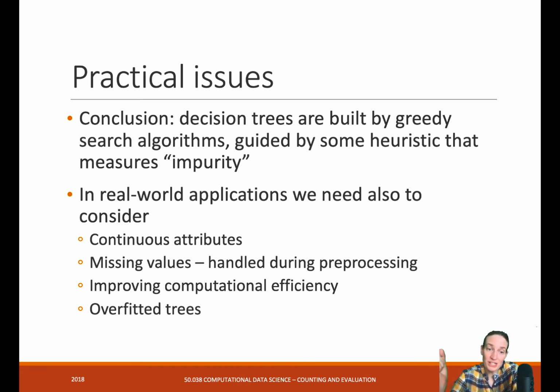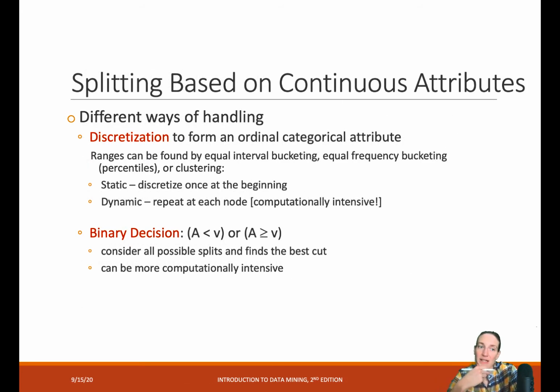The computational efficiency of decision trees can be low. And you could have overfitted trees, for example based on customer IDs. So these are some issues that we do need to be aware of. This should be splitting based on continuous attributes in many cases. So there are different ways of handling this.